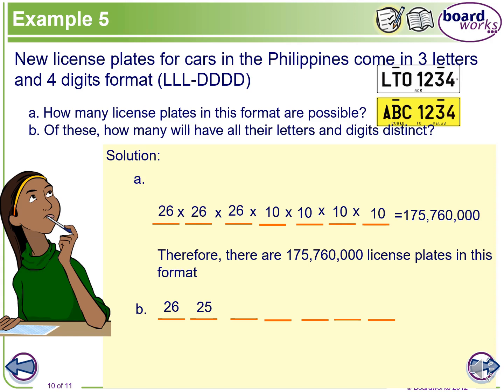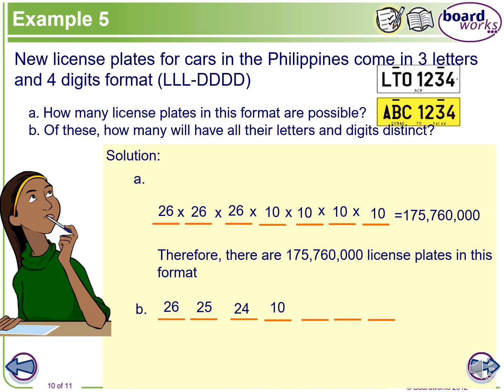Because you already chose A. So if you choose A, there are only 25 letters you can choose from, B to Z. Because the question here is distinct letters, so A should not be repeated again. So that means in the third event, we can choose 24 letters, right? Same with digits. In the first event of choosing a digit, there will be 10.